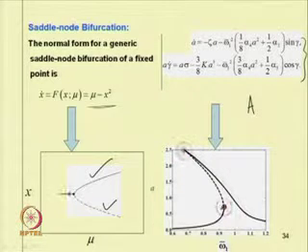One can observe that this point should have an eigenvalue equal to 0. By checking the eigenvalue, one can see this branch is unstable and this is a stable branch. The stable and unstable branch meet at this point.